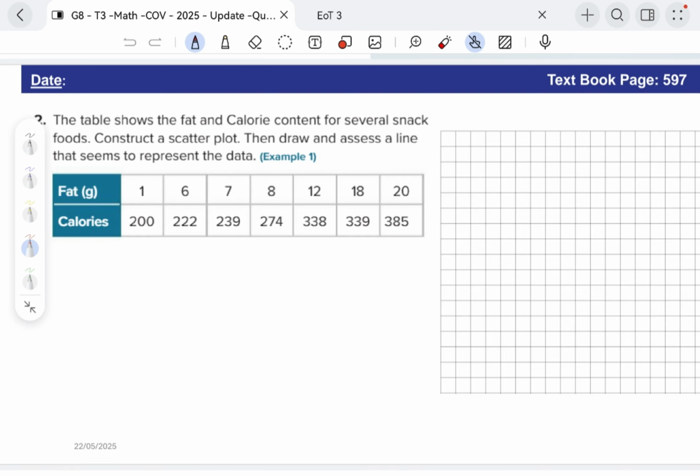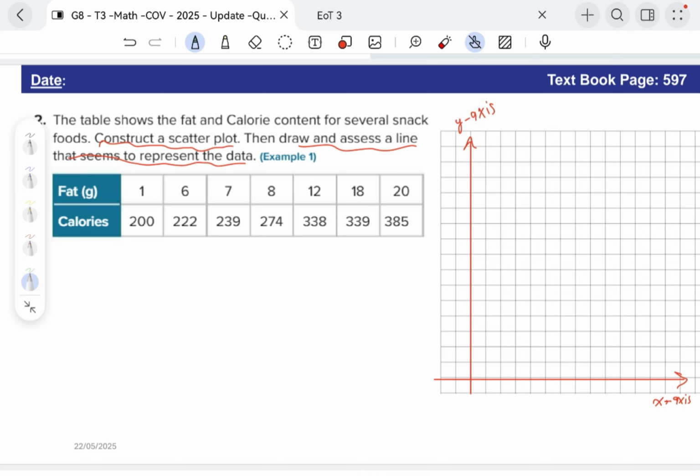For this question they asked me to construct a scatter plot, and then we're gonna draw the line of best fit to represent this data. Let's start drawing the coordinate plane. This is the x-axis, and here we're gonna have the y-axis. Now we're gonna label them.